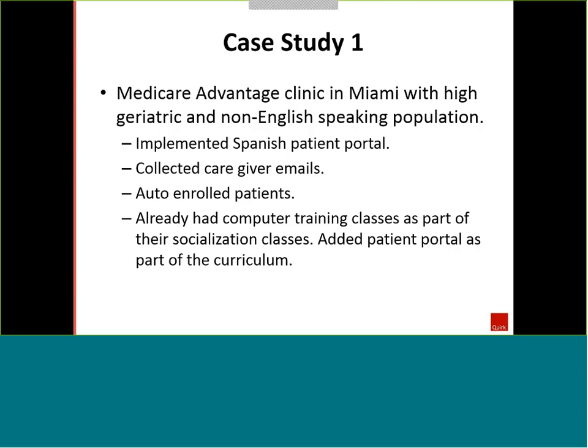So they basically sat these people down and said, here's a mouse, here's a keyboard, here's how you interact with a computer. They're used to going to these socialization classes because it's Medicare Advantage, and the social aspect is a big piece of health. So they would train them on how to use a computer in general, never mind a portal.